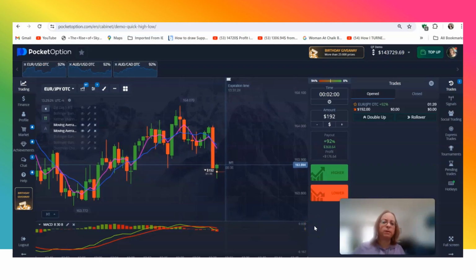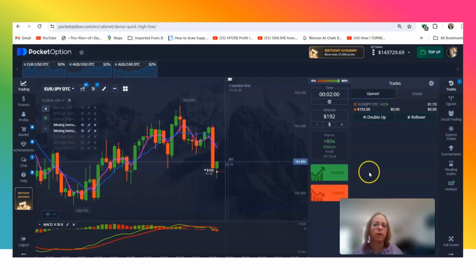I was going to talk to you about compounding. So basically what compounding is, you start with an amount that you want to risk losing. So if you lose the trade, you only lose that specific amount. And then each time that you do another trade, you add that whole entire amount onto the next trade.